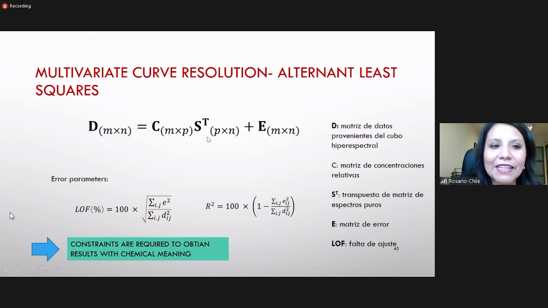So this is the advantage of curve resolution, that I have a mixture of signals and I will resolve these signals to obtain a pure signal of one component, okay? Which component? The P component. That means that I need to know how many components has my system.